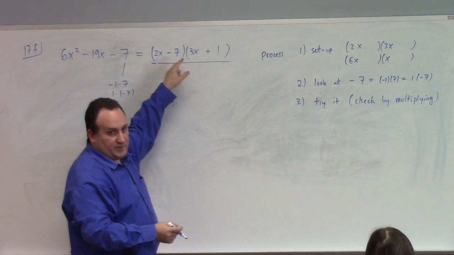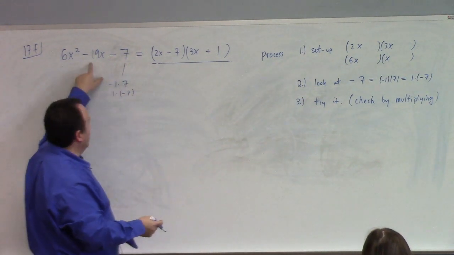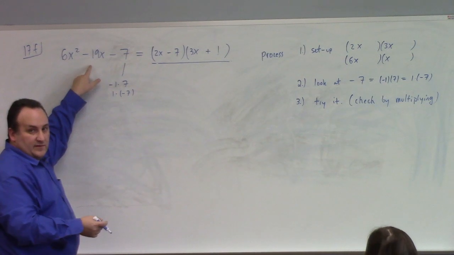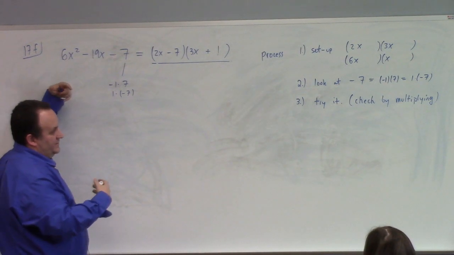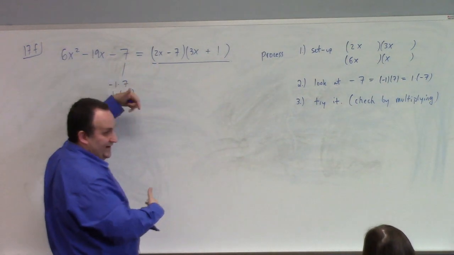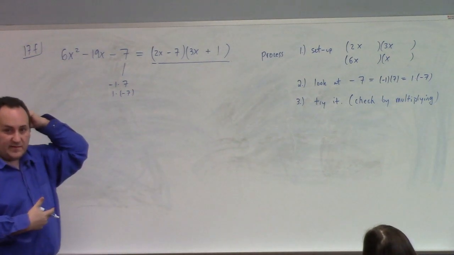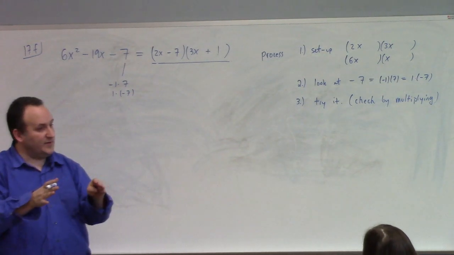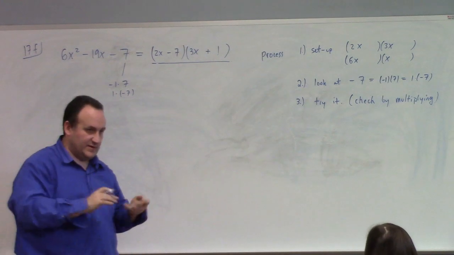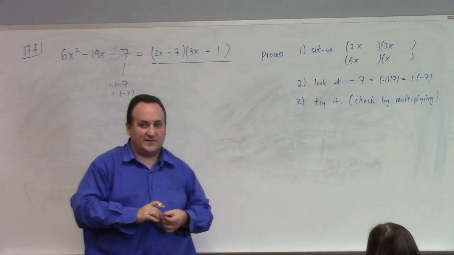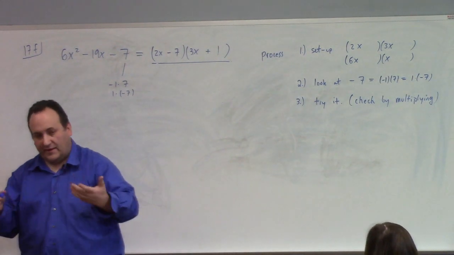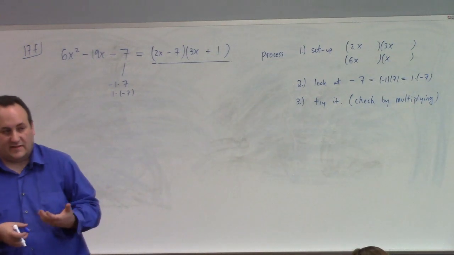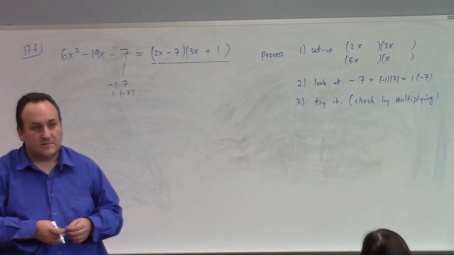Minus 21 plus 2 is minus 19, which is what has to happen here. So basically it's guess and check. The checking is multiplication. Now if you need to write down the multiplication, do it, right? But I'm not, because some of you just write down everything I write, and if I put too much detail on the board, then I'll lose you.